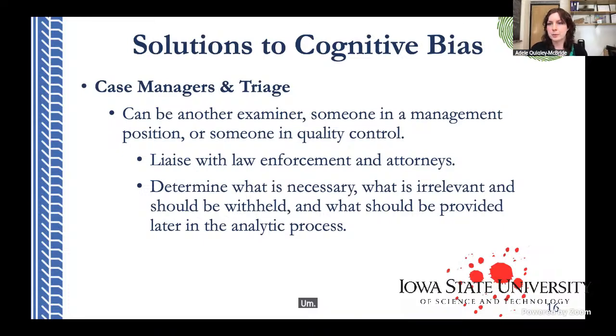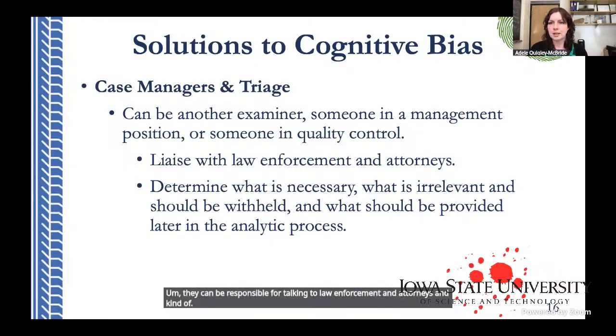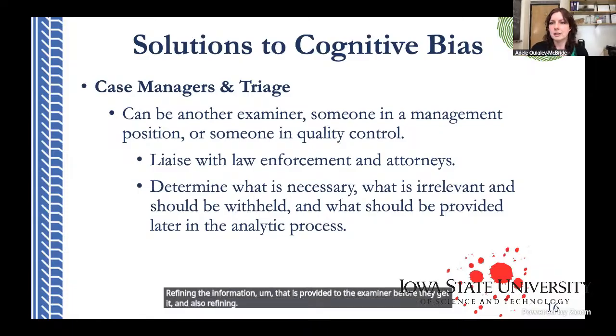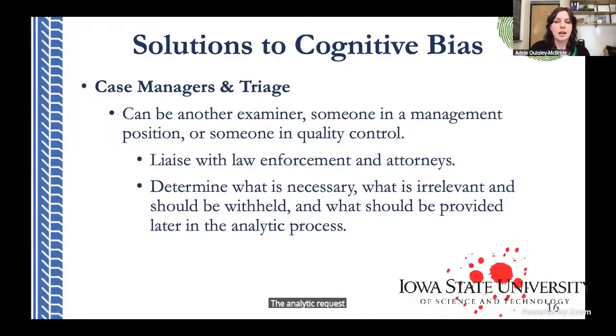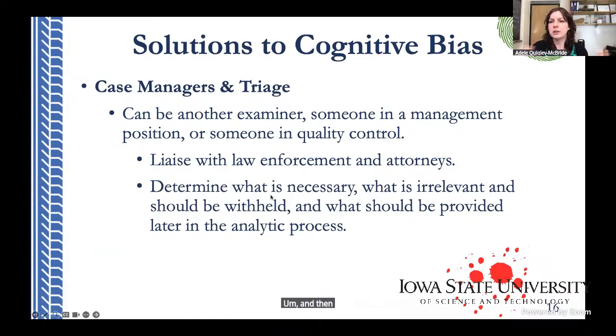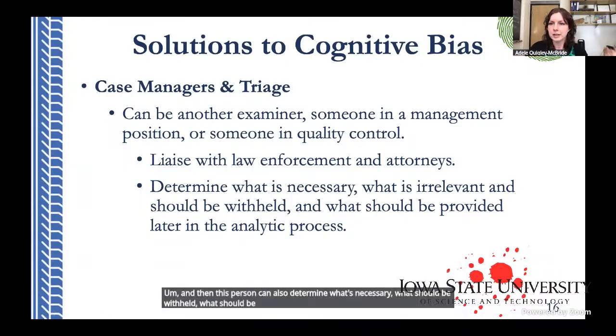They can be responsible for talking to law enforcement and attorneys and refining the information that is provided to the examiner before they get it, and also refining the analytic request as well, without having a lot of back and forth with the people who know a lot more about the case than maybe the examiner should. And then this person can also determine what's necessary, what should be withheld, what should be provided later.